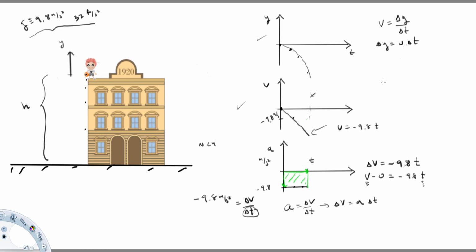So now at this point we've gone from my first video about making sure you draw the pictures and write down important information and label everything. Next thing you do is choose a coordinate system to work in. Next, sketch your acceleration graph, velocity graph, and position graph relative to the coordinates that you're working in.